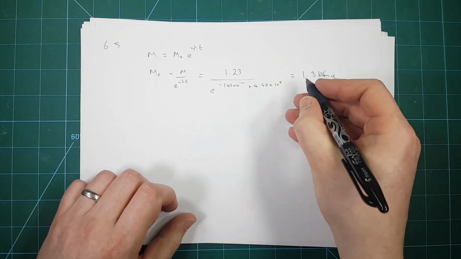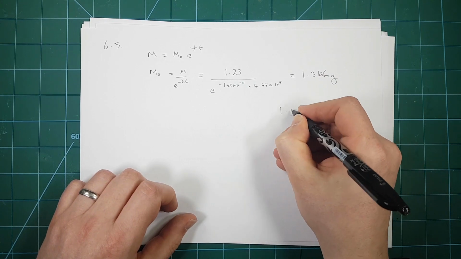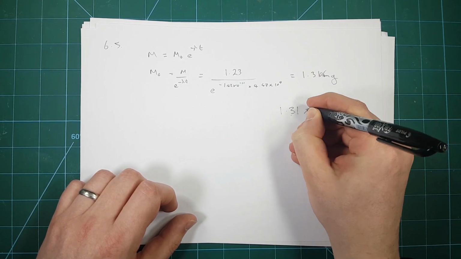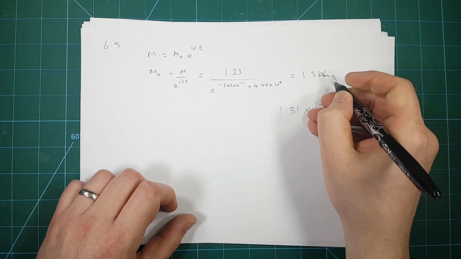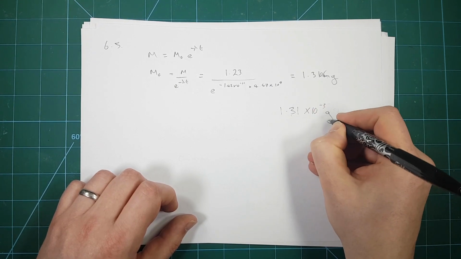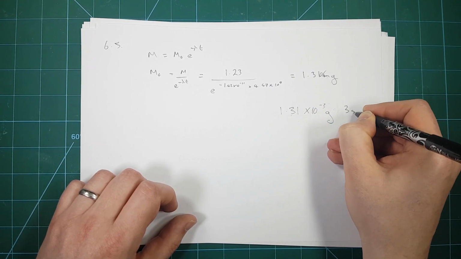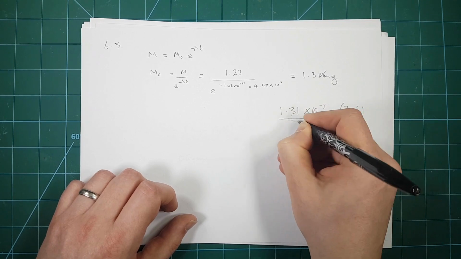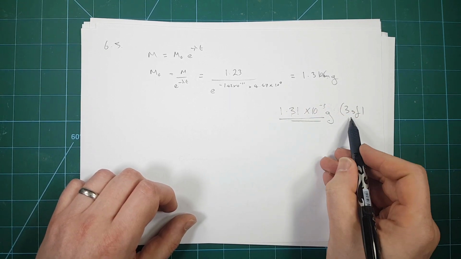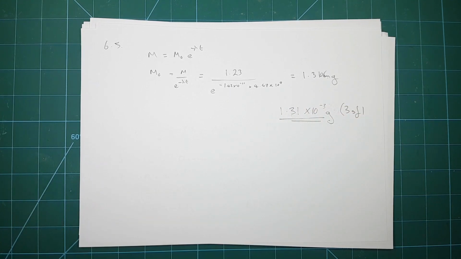So our final answer is 1.31 times 10 to the minus 3, because we're changing milligrams into grams, and then that's to 3 significant figures. And it's all to 3 significant figures because all the data in the question is 3 significant figures.